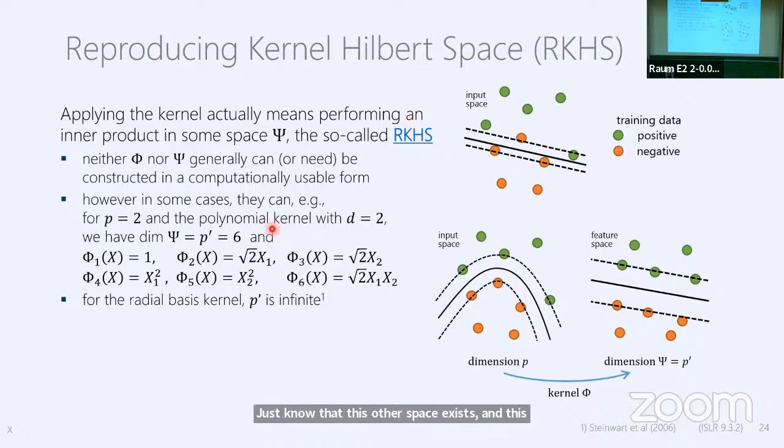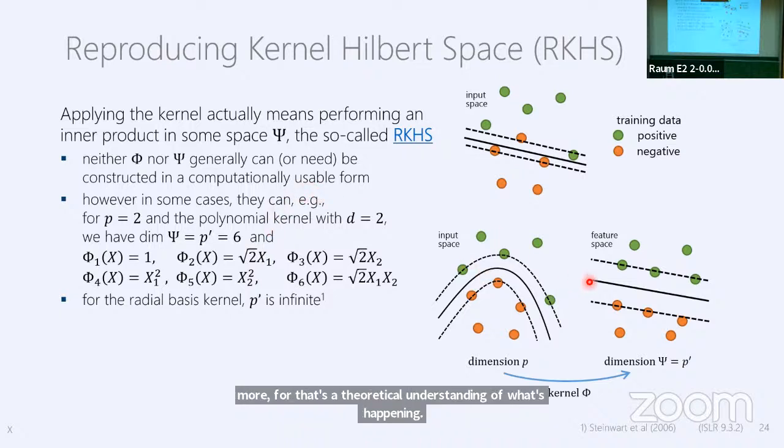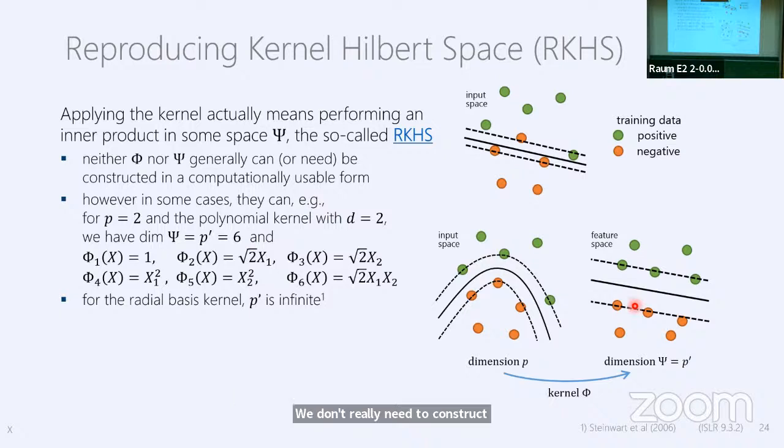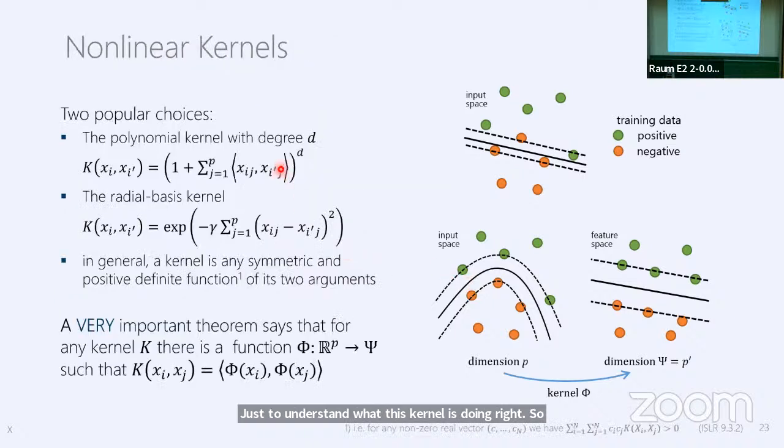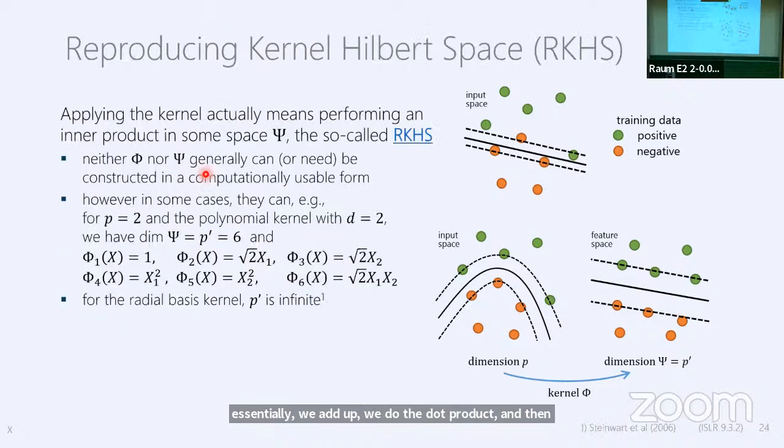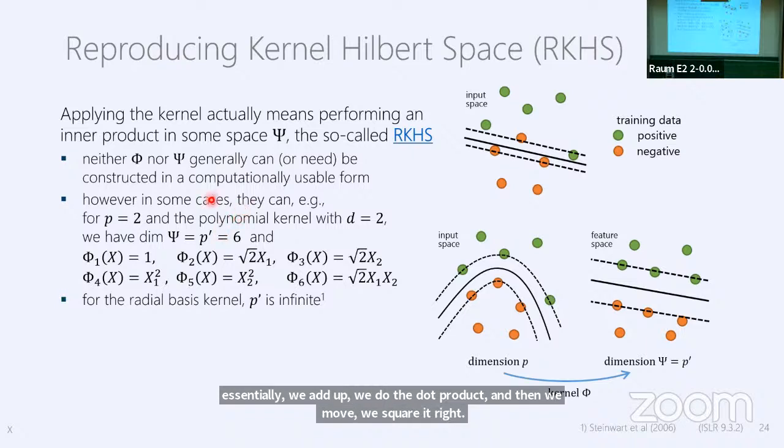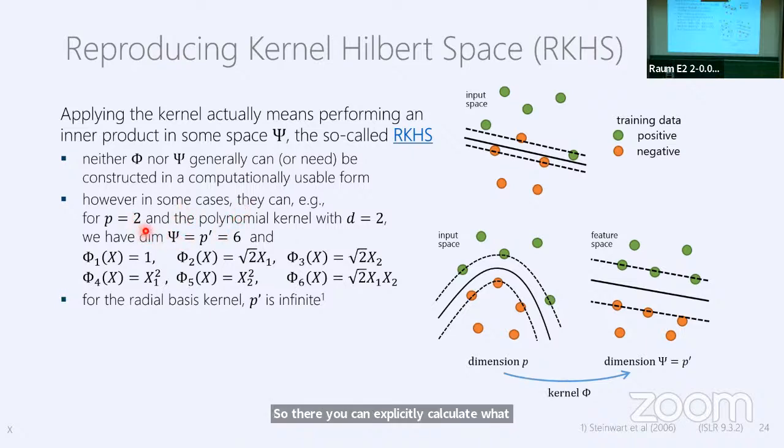This is more for theoretical understanding of what's happening, because we don't really need to construct this space. But in some examples, we can look at how this space looks just to understand what the kernel is doing. In particular, if we choose the polynomial kernel of degree 2, we do the dot product and then square it. There you can explicitly calculate what this space is. We go from a space of 2 dimensions to a space of 6 dimensions.